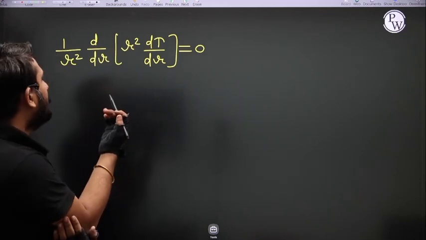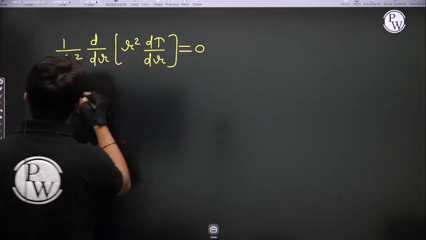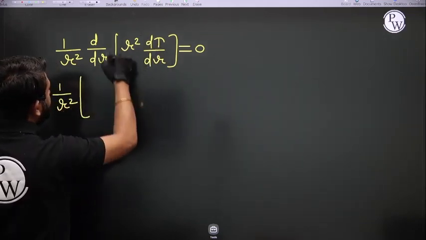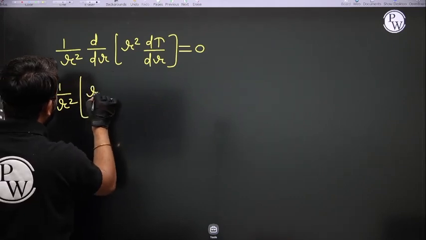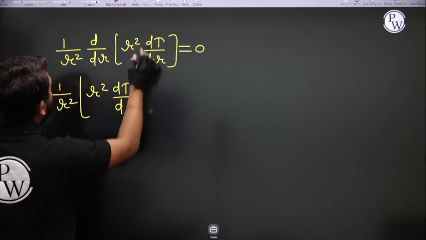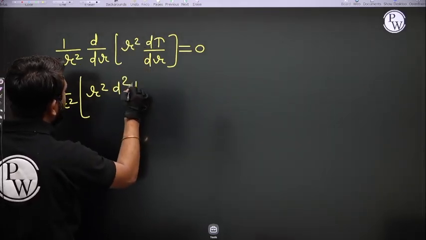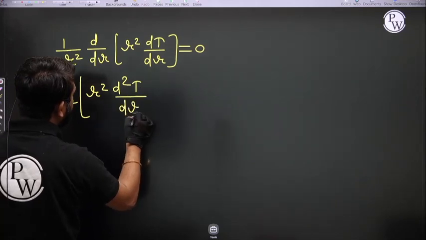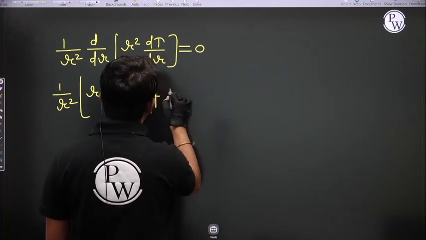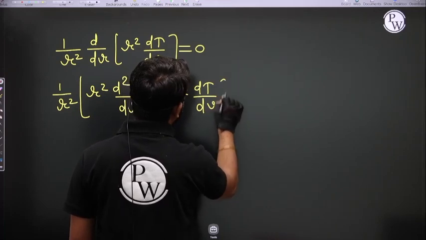And this equation we can write in this way also. 1 by R square, now differentiate these terms. R square constant, differentiating dt by dr, so this is d square t by dr square, plus differentiate R square, so this is 2R and constant dt by dr, and this is equal to 0.